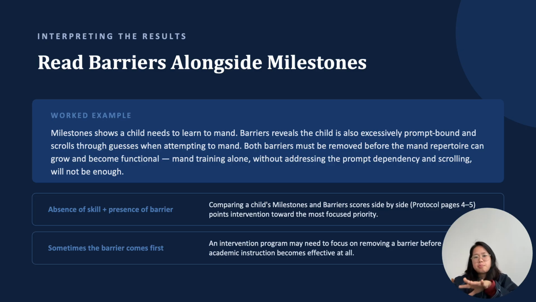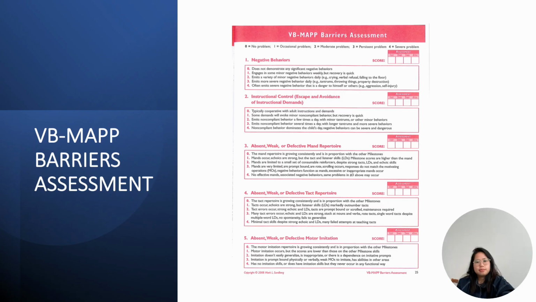And sometimes that priority isn't language or academic instruction at all. Sometimes a program genuinely needs to focus on removing a barrier first before other instruction can even become effective. And this is what the VBMAPP barriers assessment looks like. You can read them and score what is appropriate for your client.